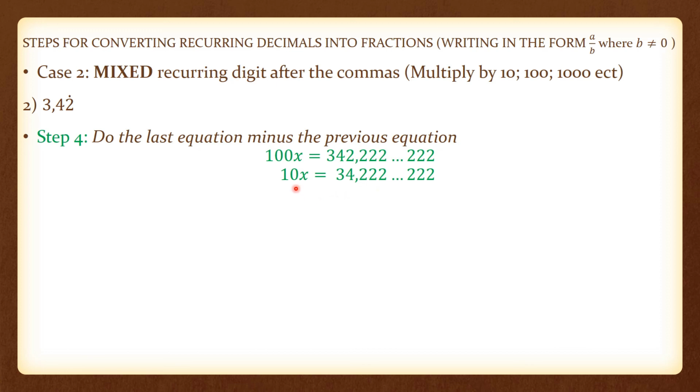So we can do equation 3 minus equation 2. These twos can be cancelled out, and we'll have 90x because 100x minus 10x is 90x, and 342 minus 34 is 308. These twos cancel out with these twos, and these twos with these twos.